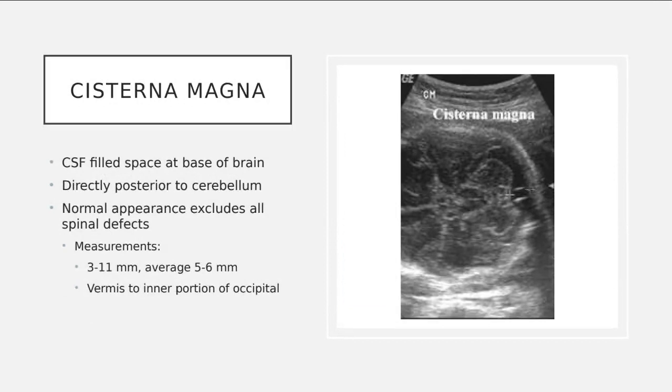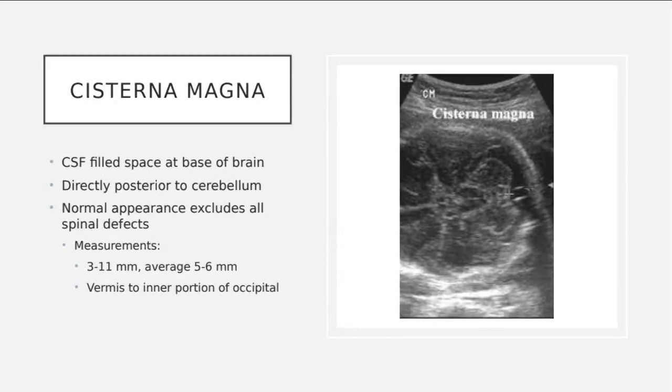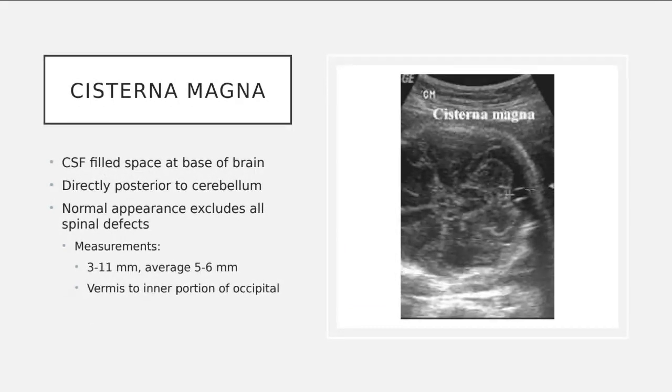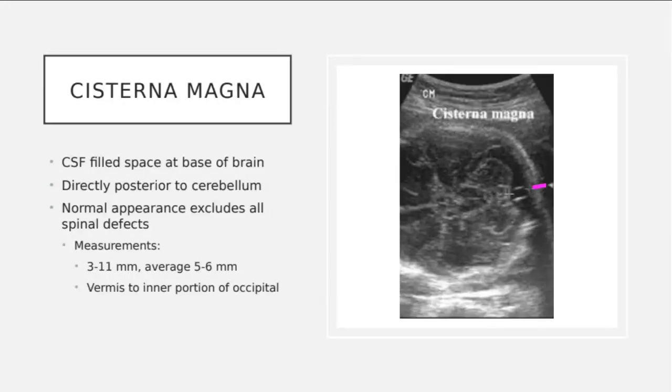This would be a nuchal fold measurement. So that's a thickness measurement behind the cisterna magna. So when you're doing your posterior fossa pictures, you're doing a measurement of your cerebellum, a measurement of your cisterna magna, and then a measurement of your nuchal fold.